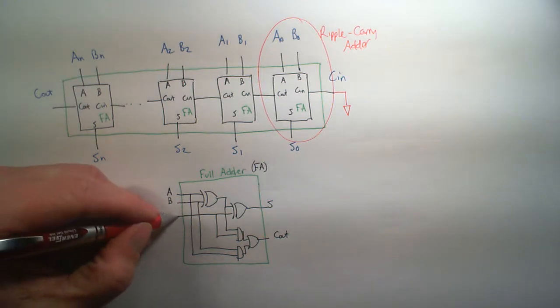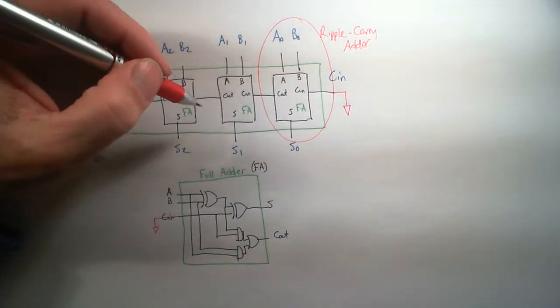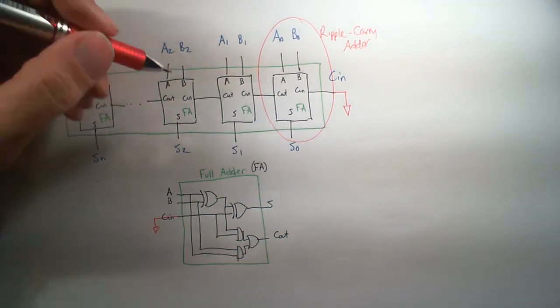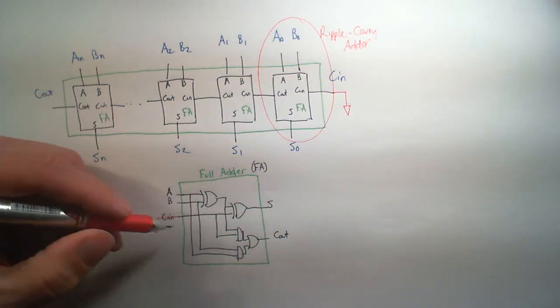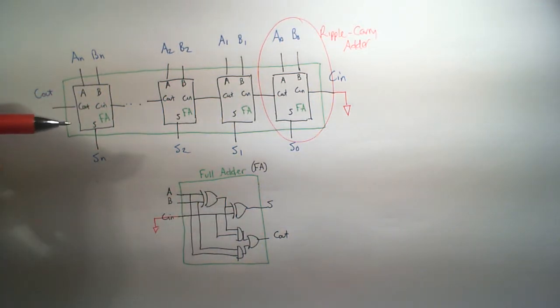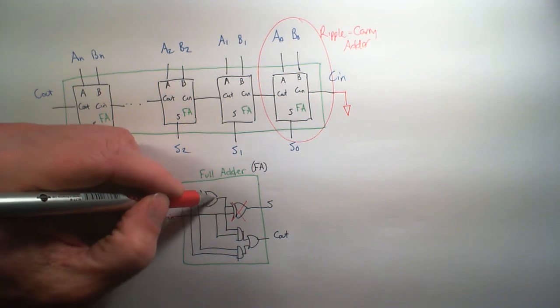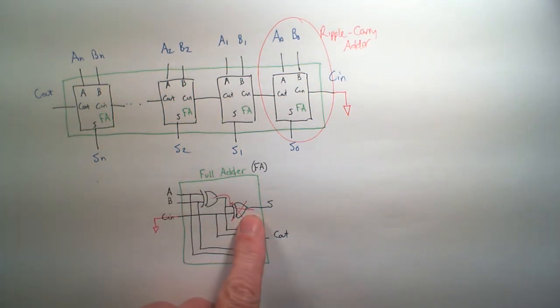And so if I tie this signal to ground here, I can come up with a simpler circuit for just the least significant bit. If I analyze this circuit here by tying C in to ground, well, if one side of an XOR gate is tied to ground, then it's like the XOR gate isn't even there, and it's just the signal from the other input is going to pass right through.